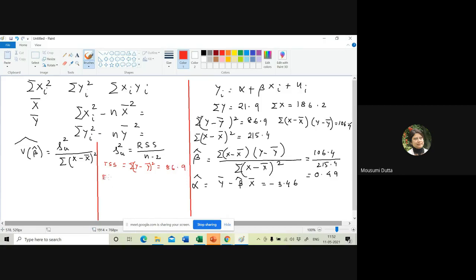Now ESS we need to find out. So what is the formula for ESS? Beta hat square into summation xi minus x bar whole square.